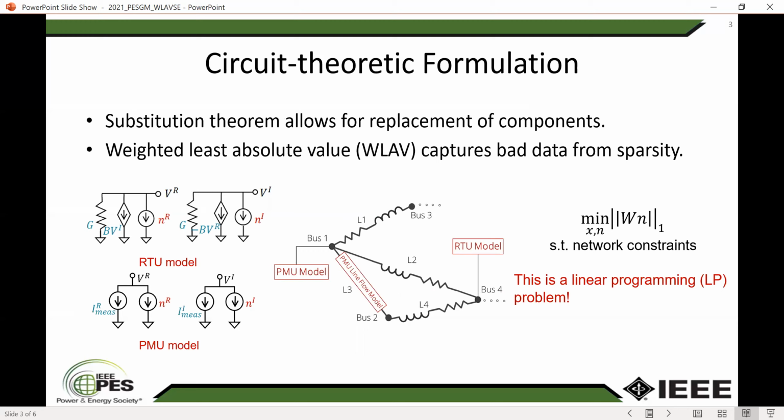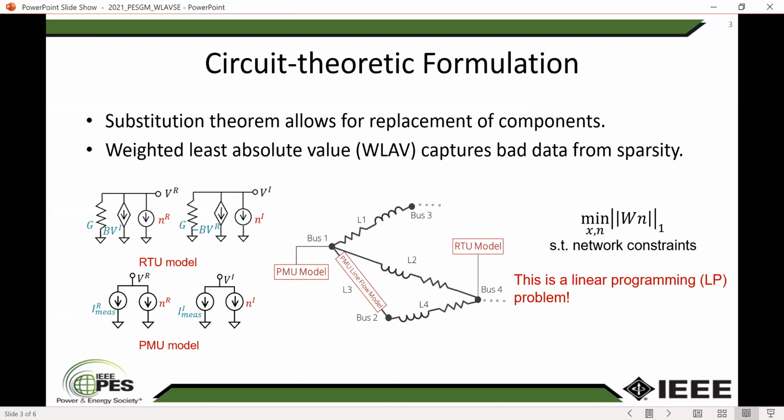In this work, we built linear circuit models for different types of measurements, conventional RTU meters and PMU meters. In these models, we added a noise term N to represent possible measurement noise and error. Now we replace those measured components with the linear circuit models. By the substitution theorem, the original power system is mapped to a linear circuit system as in the middle figure.